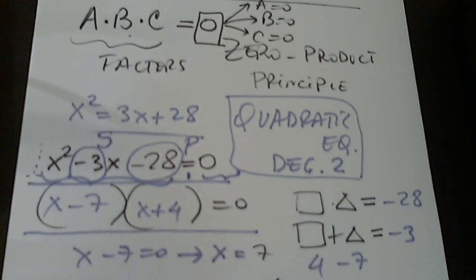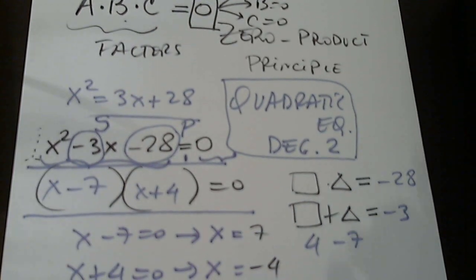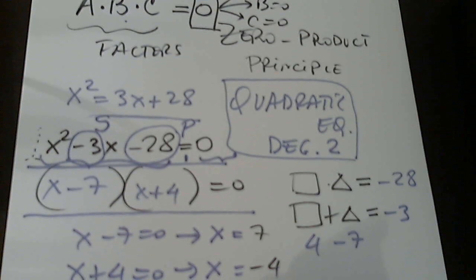Excellent. Yes, you have the fancy way of writing the solution: x is either negative 4 or 7. There is no need for this, but you may see it in Pearson. I want you to know what it means.